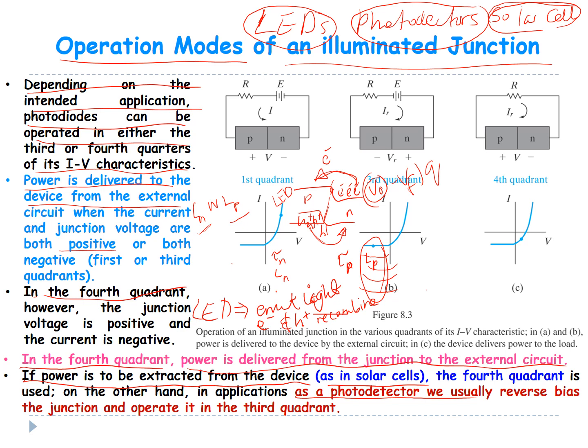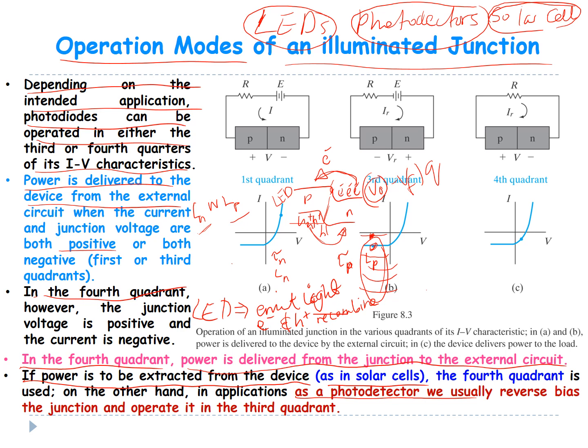So when there is no light, maybe your current will be here, you would detect this kind of current. But if you illuminate this junction, your current will increase negatively to that point. So you can actually detect now the presence of light.